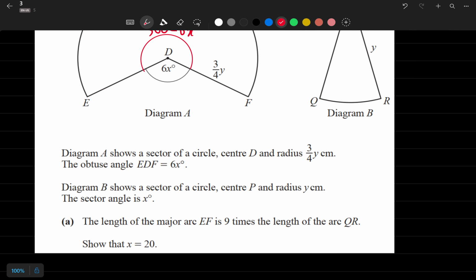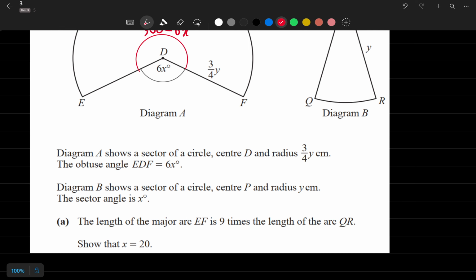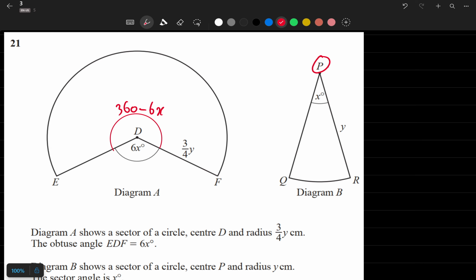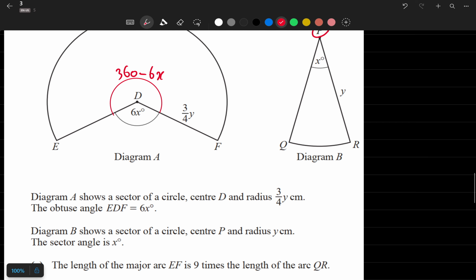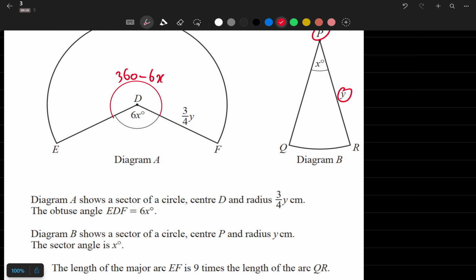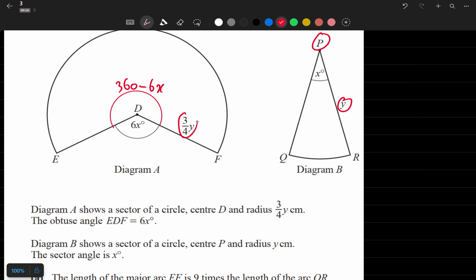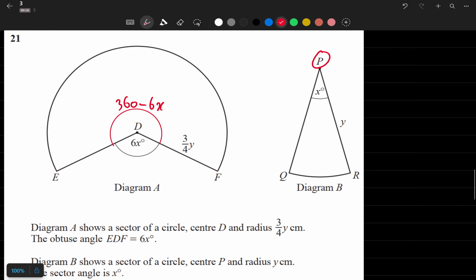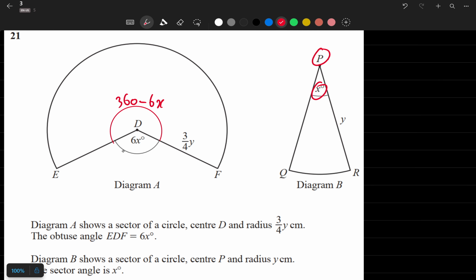Diagram B shows a sector of a circle, center P, and radius y centimeter. This also has a radius of y centimeter, and this has 3/4 y. Remember the details. The sector angle is again x. The obtuse angle was 6x, and this is x.